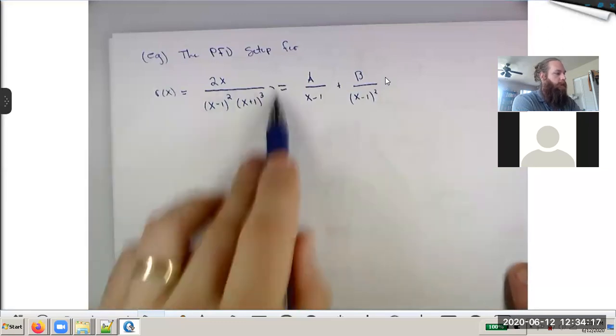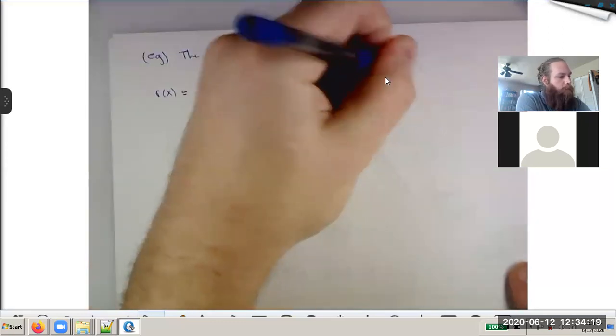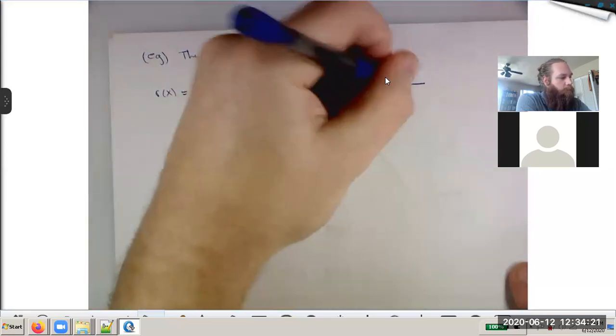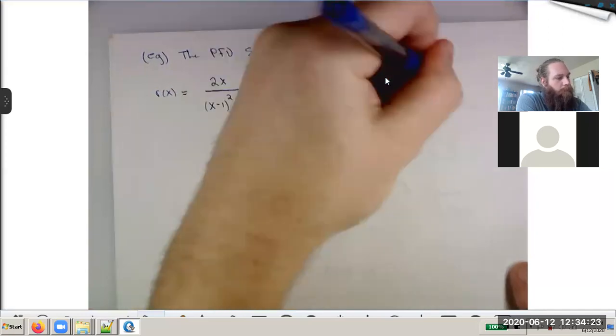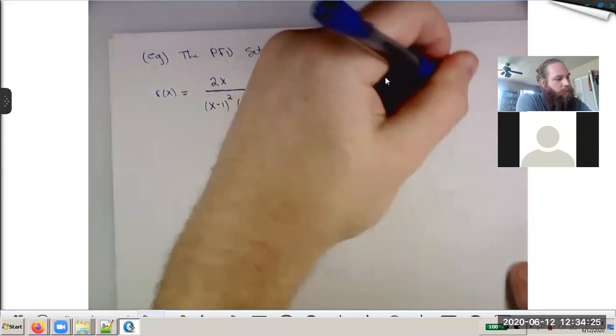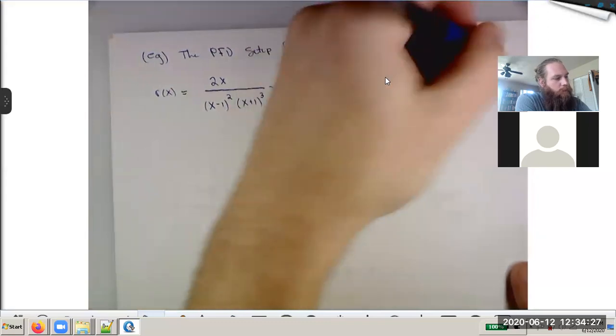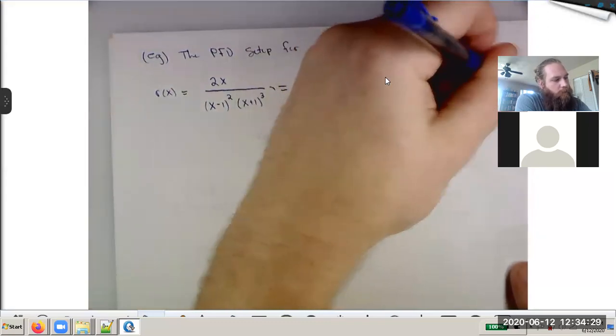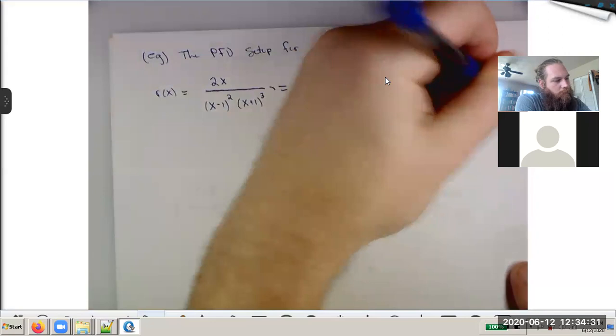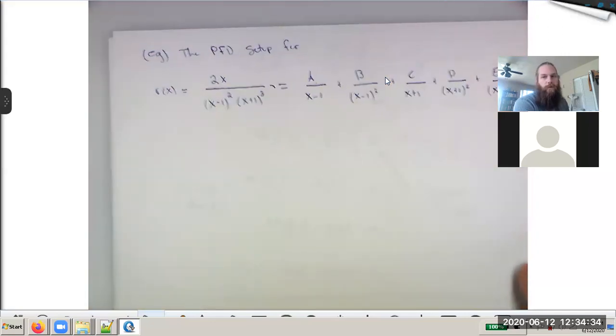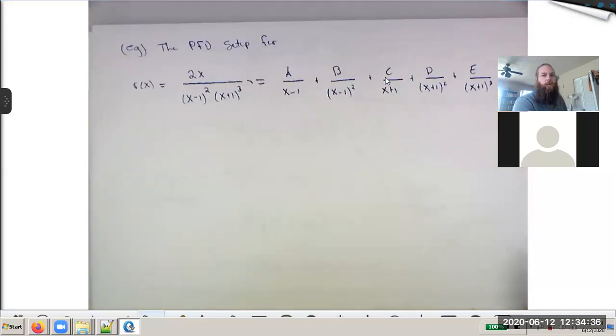Then this guy is going to get 3 terms. So I'd write that as C over x plus 1, plus D over x plus 1 squared, plus E over x plus 1 cubed. So if you have repeated factors in the bottom, you have to build up to them.